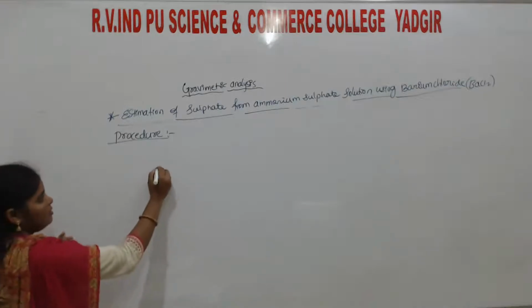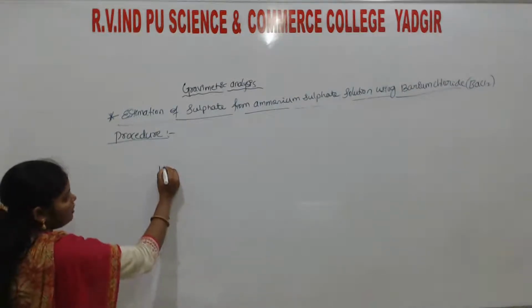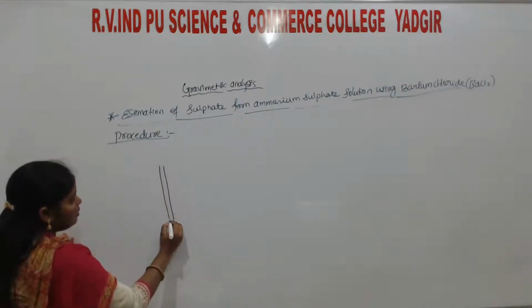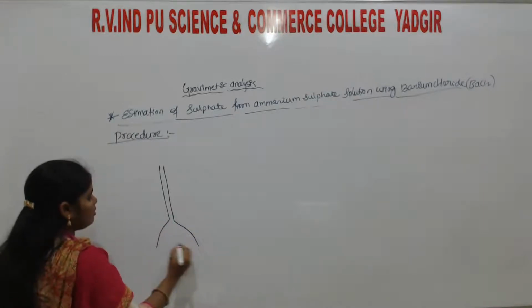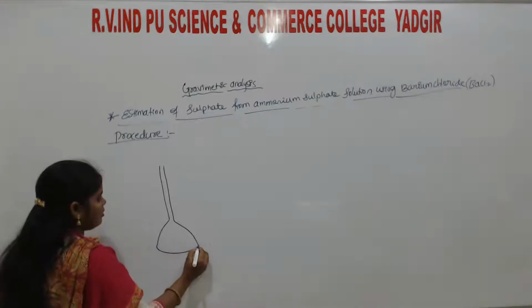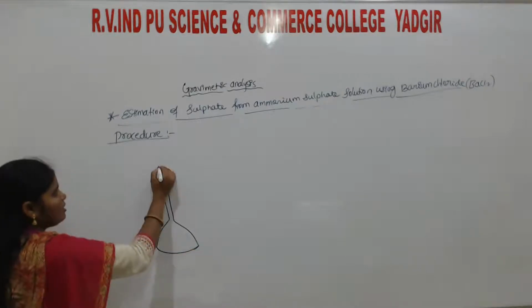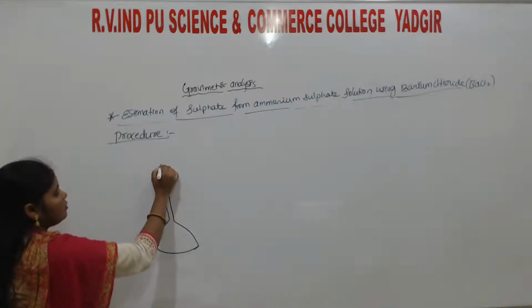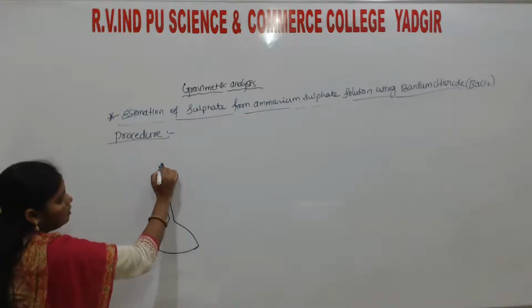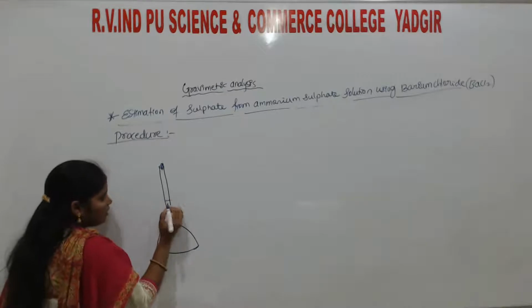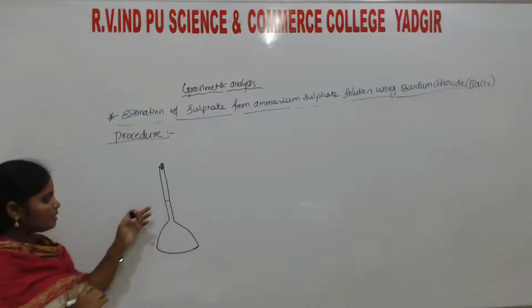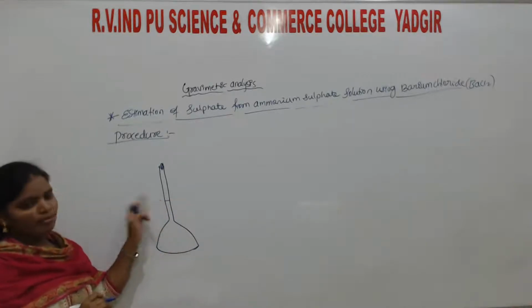Here, this is a volumetric flask, and here the stopper is present. On the volumetric flask you have a mark here.